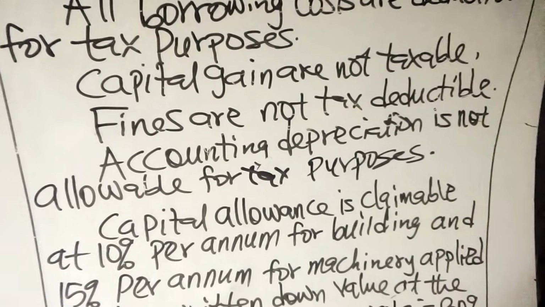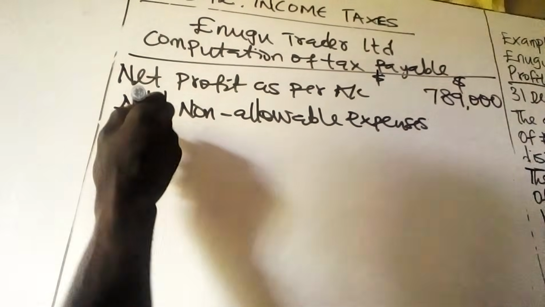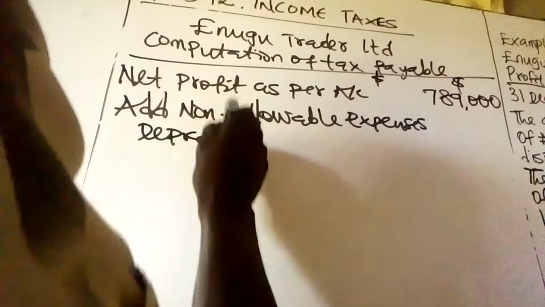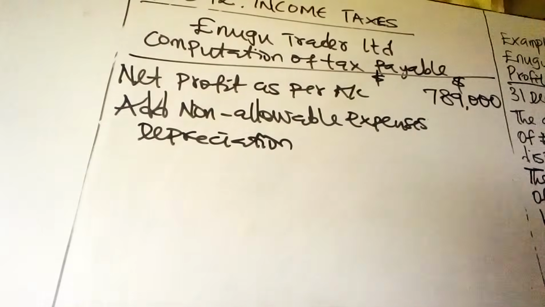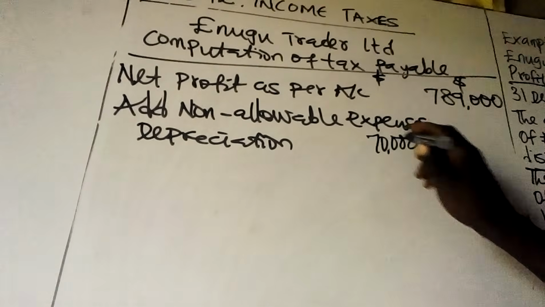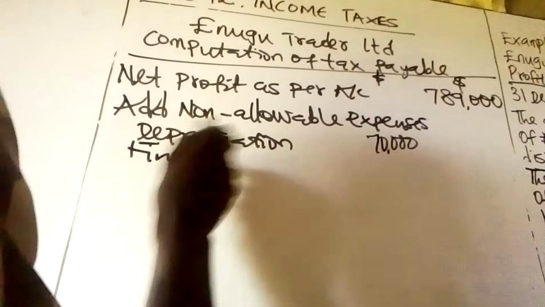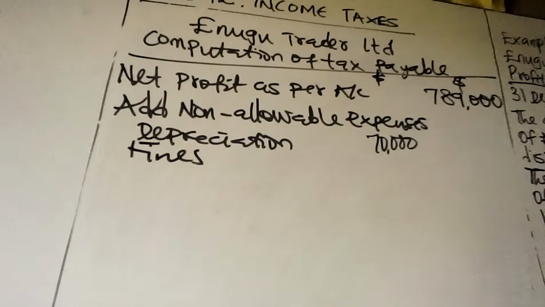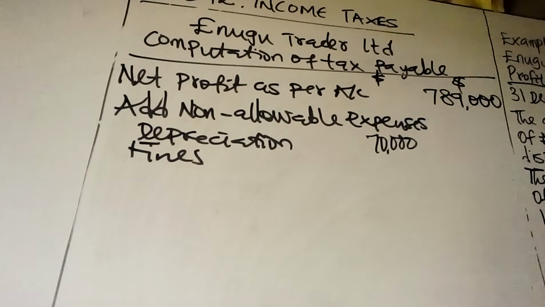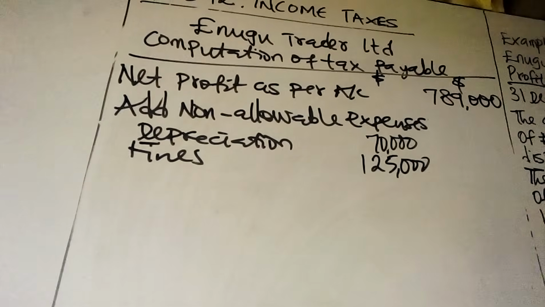So now, let's compute our tax. We have depreciation. We said depreciation is not allowable, and depreciation amounted to 70,000. You are going to add it back since it is not allowable for tax purposes. Then fines, which have been expensed. We said it's not allowable for tax purposes. Fines is 125,000.